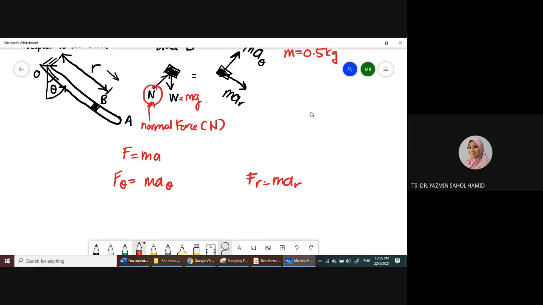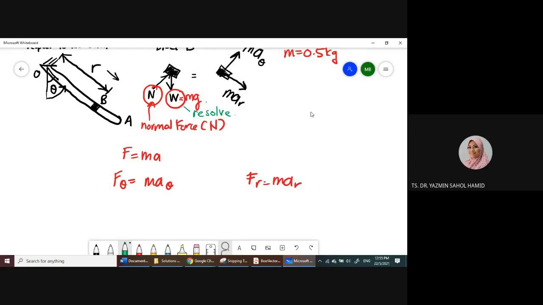So what do we have in that direction? Looking at the free body diagram, what do you have to do with the weight? You need to resolve it in the same direction as the direction of theta is going, right?